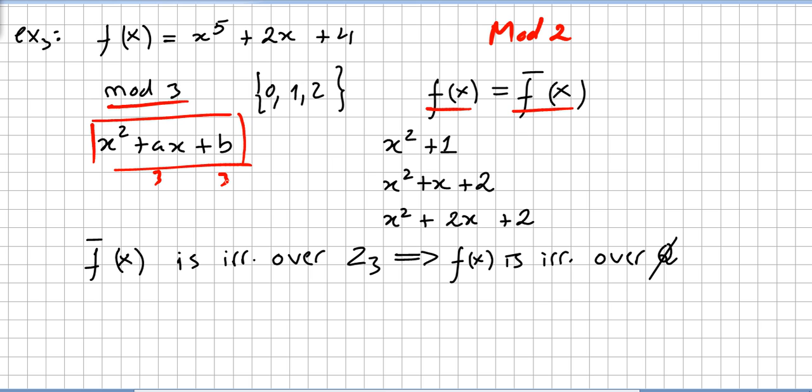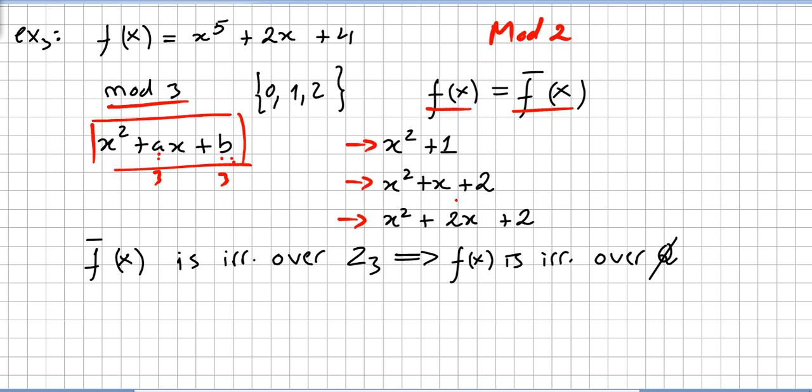So all we have left is x squared plus 1, then the second one where a is 1 and b is 2, and the third one where a is 2 and b is 2. Here we don't get zeros, so we only have to check these 3.